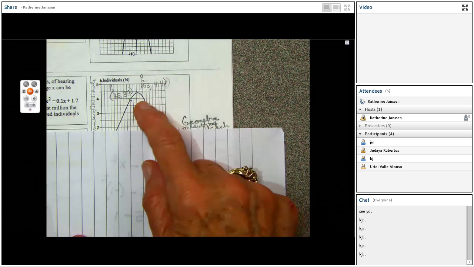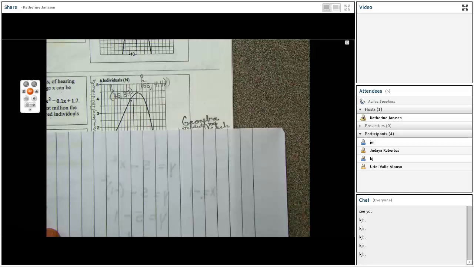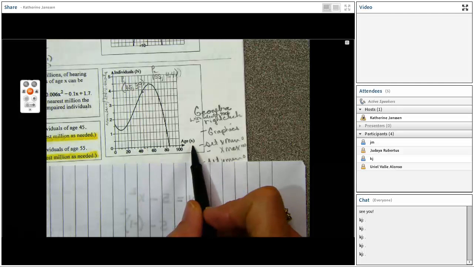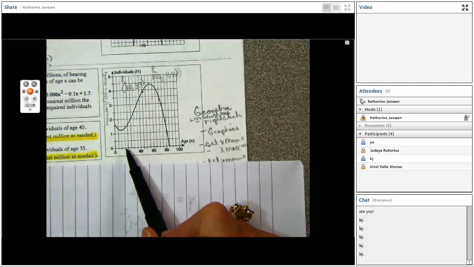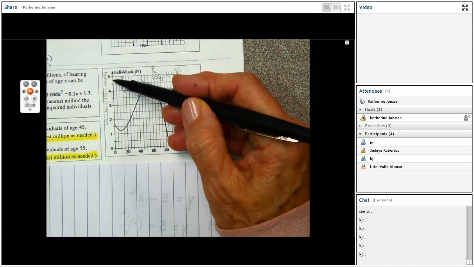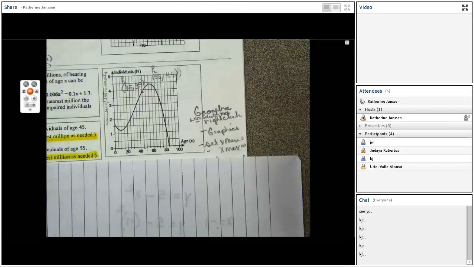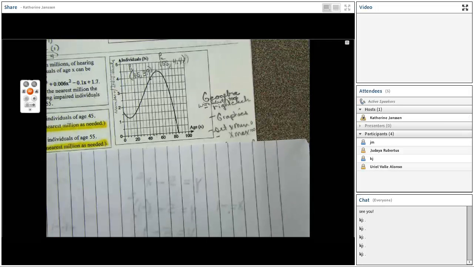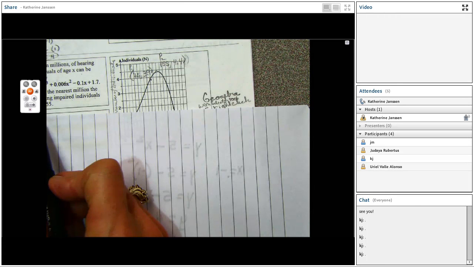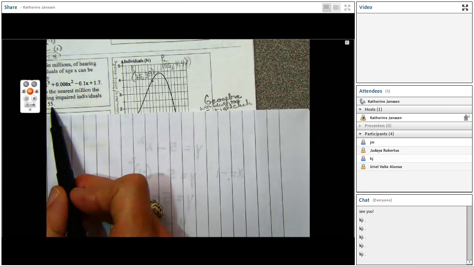We have our age as the horizontal axis, and we have our y as the number of individuals graphed at that age. So we want to find out by letting x equal 45 and 55.